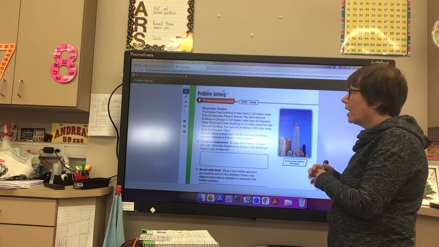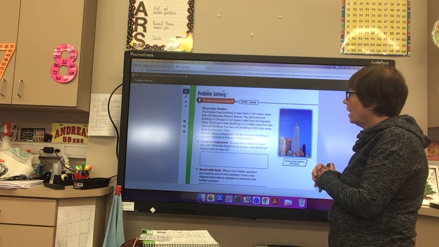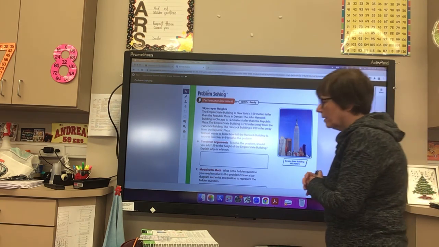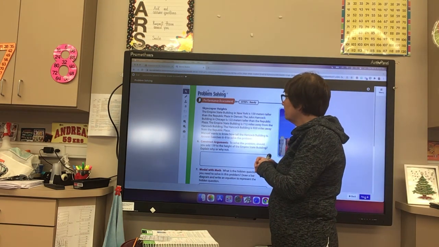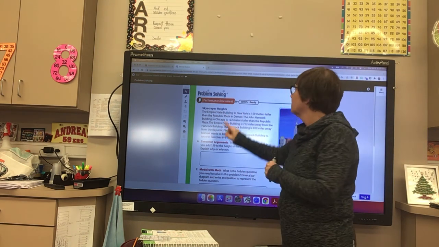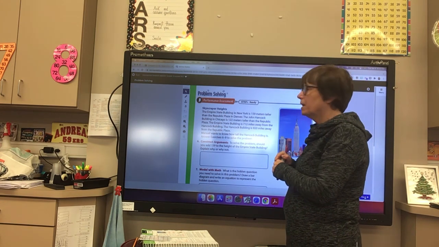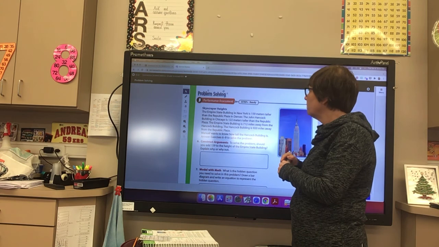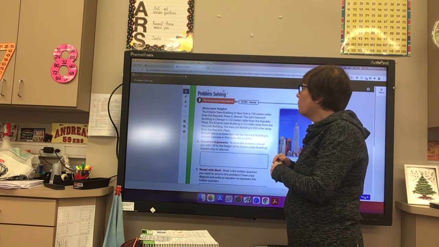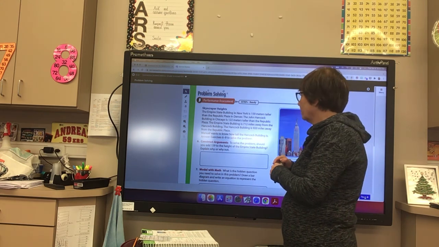Now this one is about the Empire State Building and some other tall buildings. This is called Skyscraper Heights. The Empire State Building in New York is 159 meters taller than the Republic Plaza in Denver.